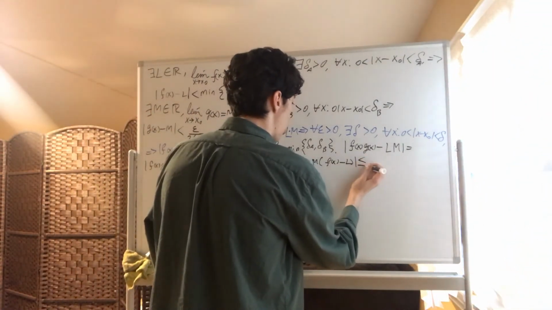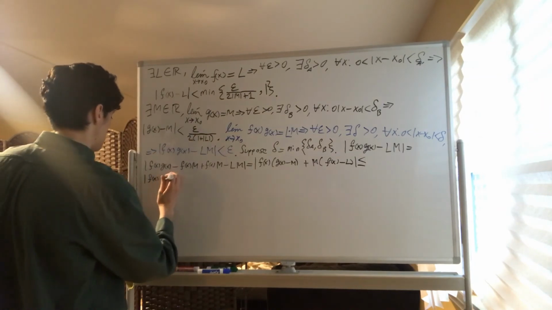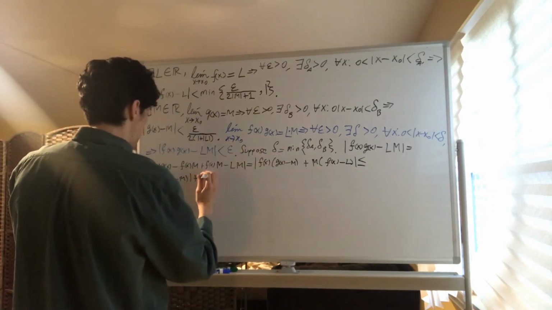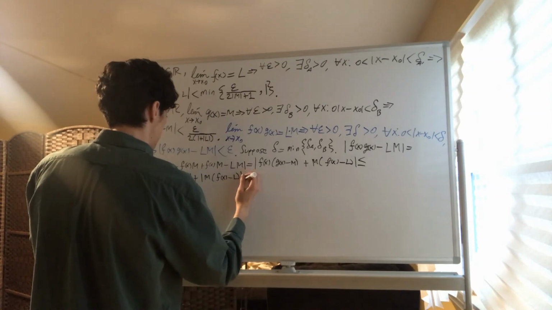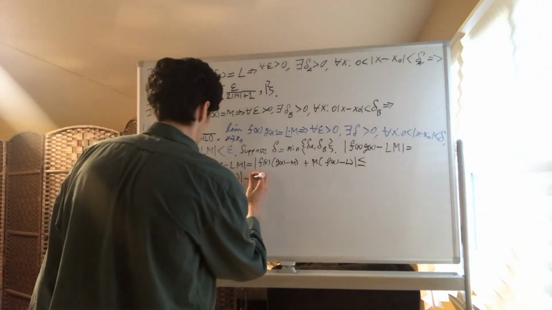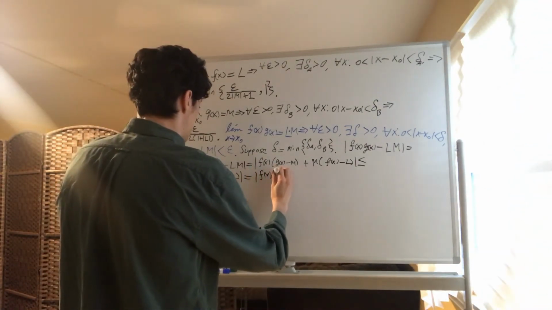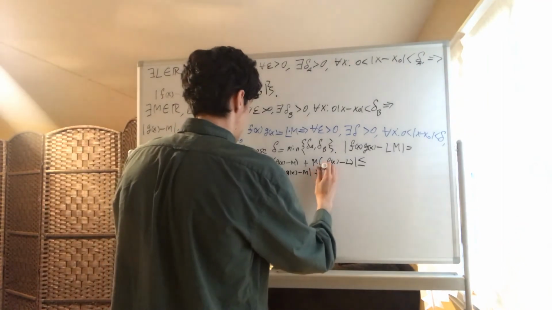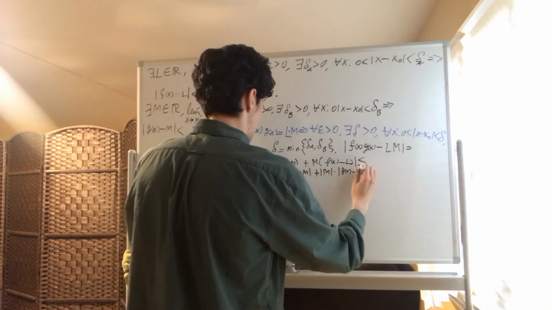So this is less than or equal to the next line: the absolute value of f of x times g of x minus m plus the absolute value of m times f of x minus L. And based on the properties of absolute values, this is equal to the absolute value of f of x times the absolute value of g of x minus m plus the absolute value of m times the absolute value of f of x minus L.